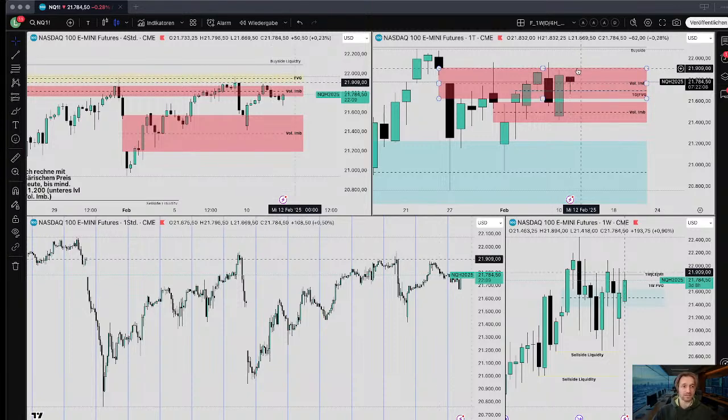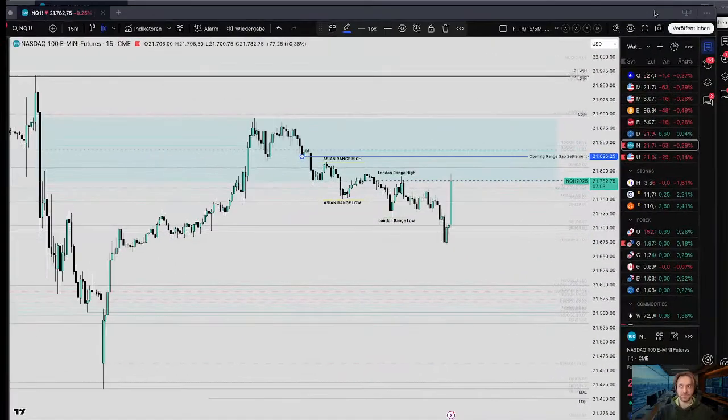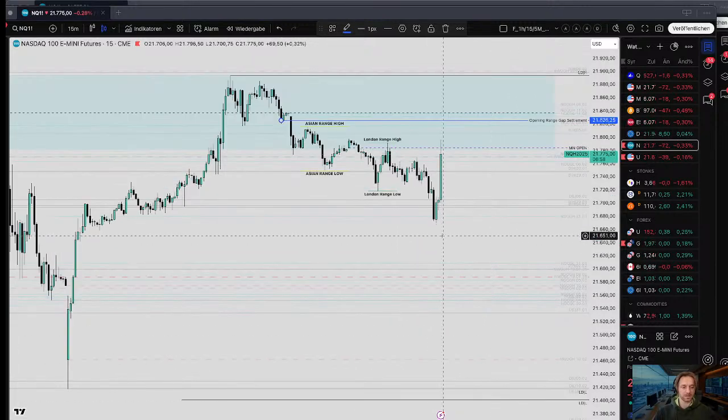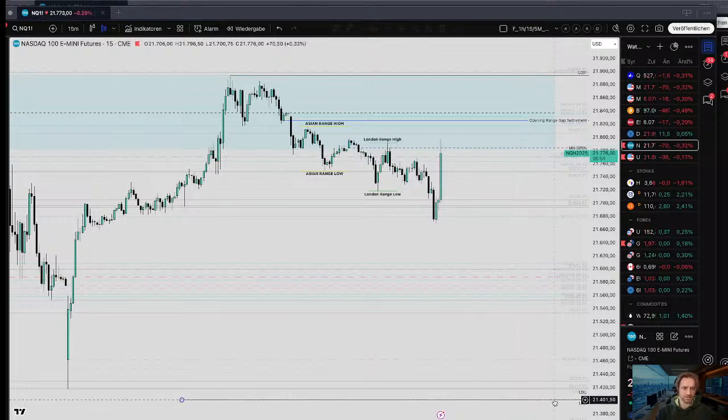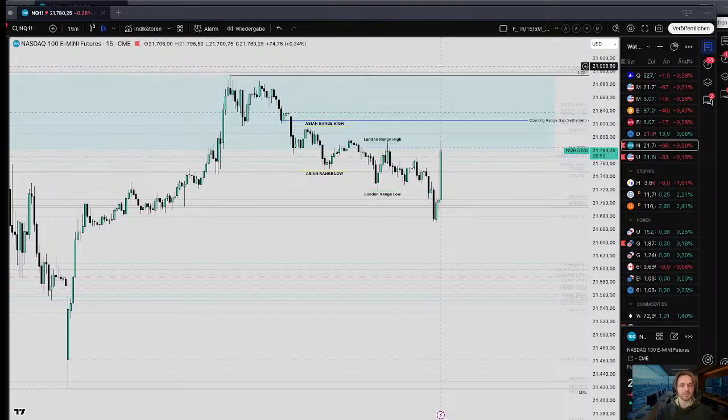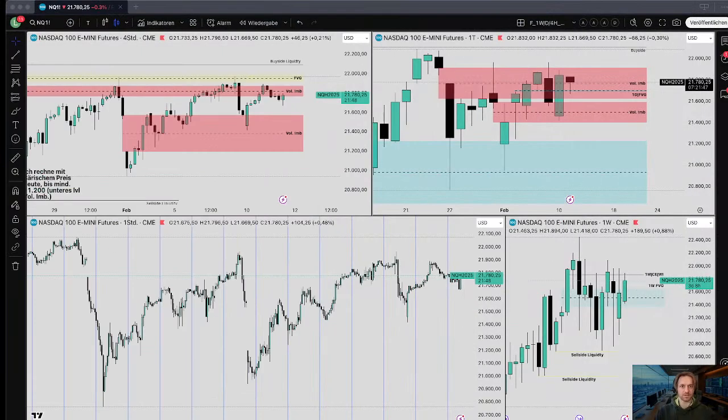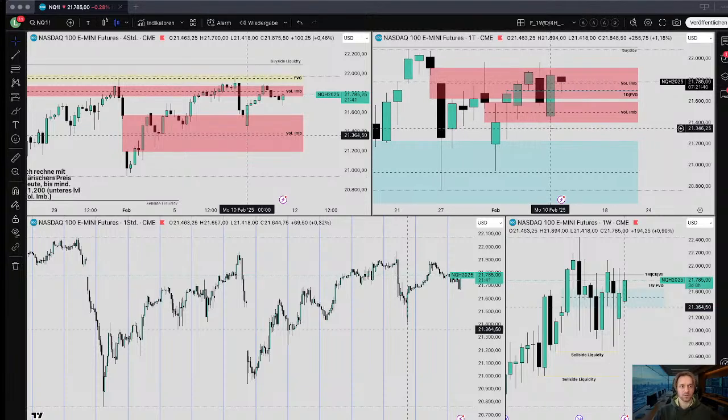Could be possible that it will hit the high of the volume balance here, right? There is my 15-minute matrix. This one is wrong. There we go. And yeah, this would be basically this level as well around here. So it would be pretty nice. Could really happen.